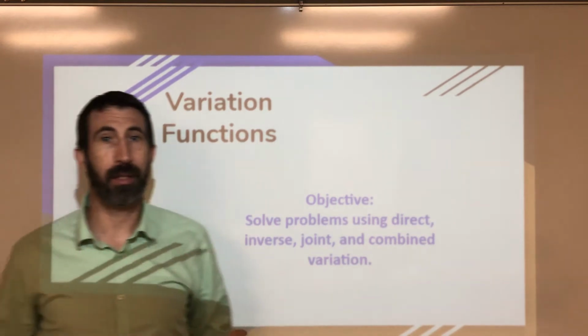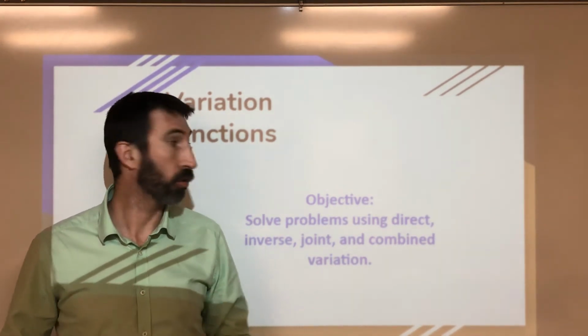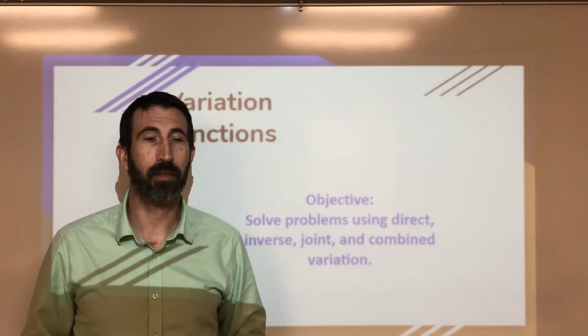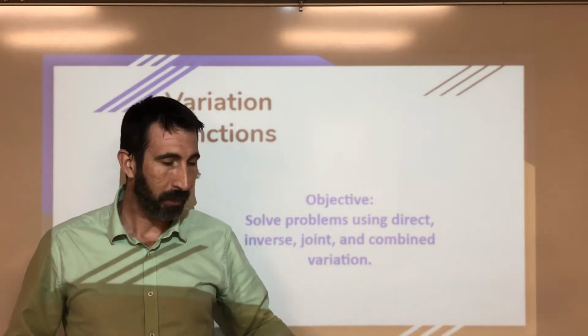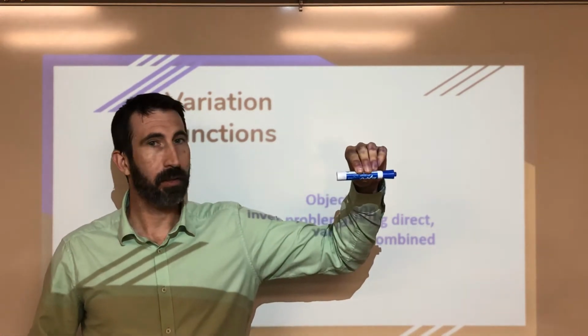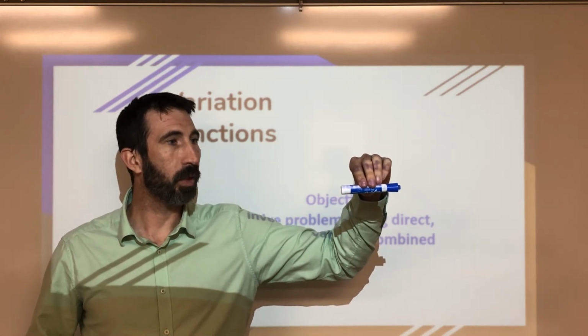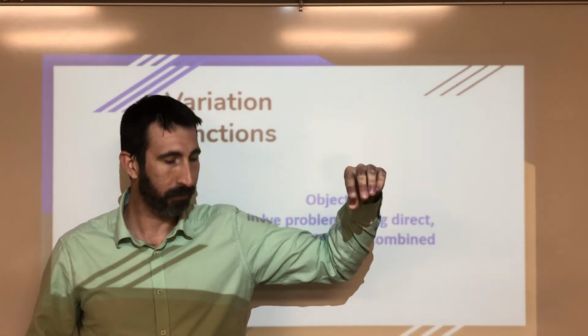So an example is gravity. Gravity actually varies jointly with the time that it takes to fall and the time that it takes to fall. So if I was to drop this from here, say it takes X seconds to hit the ground, right?